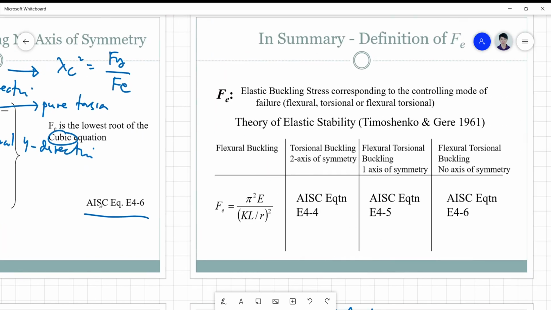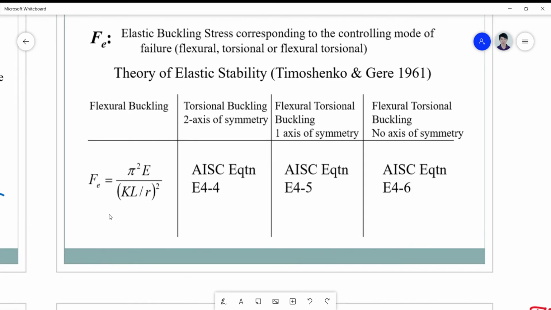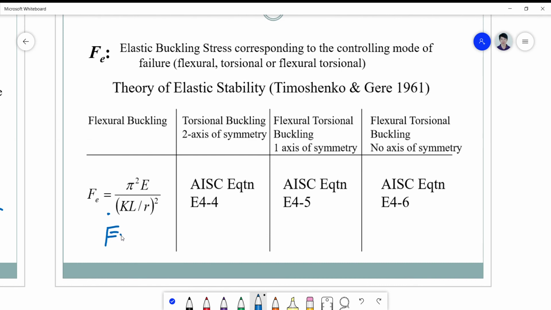So in summary, this is what you do, no? For a flexural buckling, this is a basic Euler. Okay, so for a flexural buckling or global, these are all global bucklings. This is just basically the Euler buckling load. Okay, this is Fe or FCR.